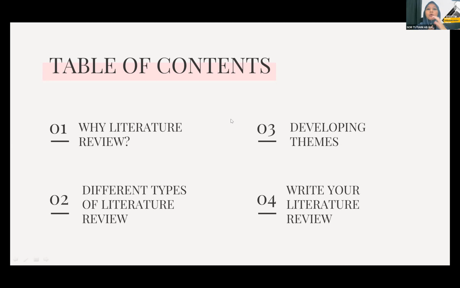Kan macam kita tulis novel, ataupun kita baca novel, first tu dia tak ada siap-siap digaduh terus. Dia akan introduce dulu, these are the characters, this and that. The story will start slowly, dia akan uphillkan the momentum tu. So I guess the literature review is also very important for us to build the momentum.